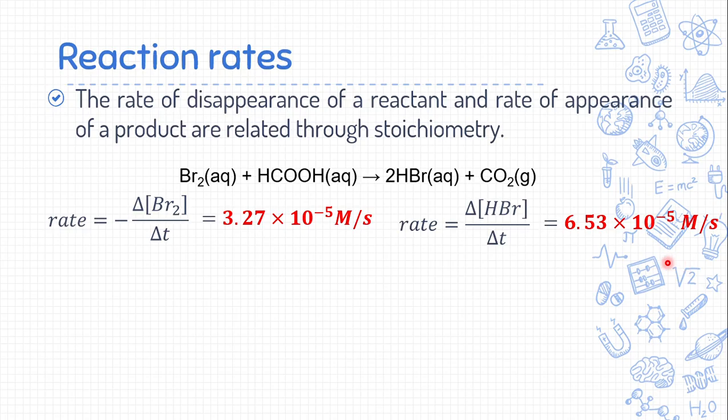Now, how can we relate these, aside from noticing that when you multiply this one by 2, you would get this? Okay, so let's try to derive from the rate of disappearance of bromine. Can we go to this other value using stoichiometry?